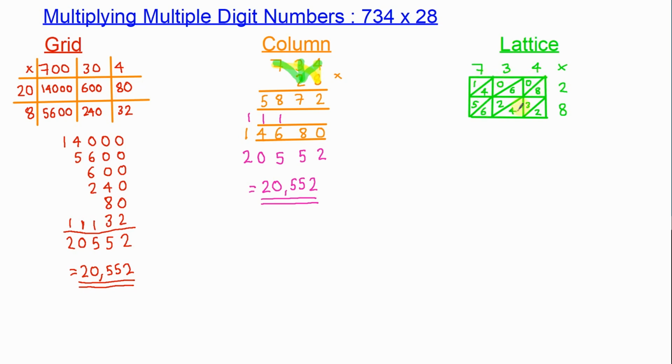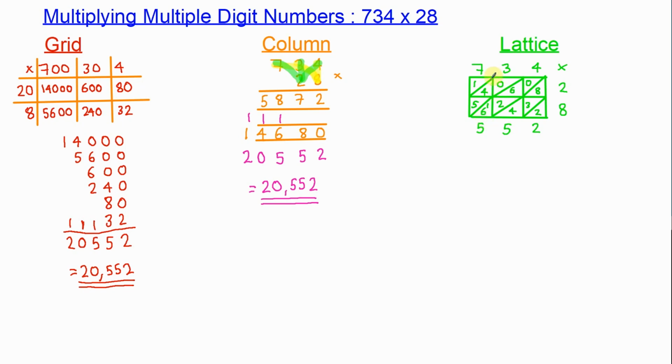So if you imagine those as diagonal pipes, the first one is just 2, and for this one, you add them together, so 8 plus 3 is 11, add the 4 gives us 15. And just in the same way as we do with the column, we put down the unit and we carry any remainders or the tens along. So in this case, 6 plus 2 is 8, add the 1 gives us 9, add 6 gives us 15 again.